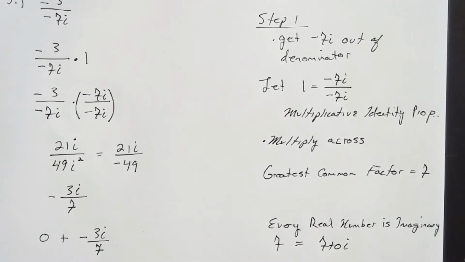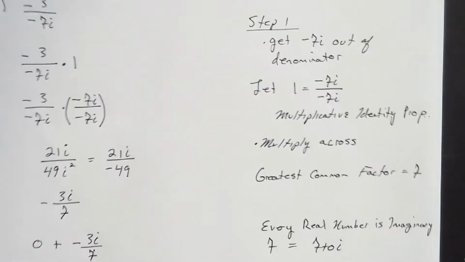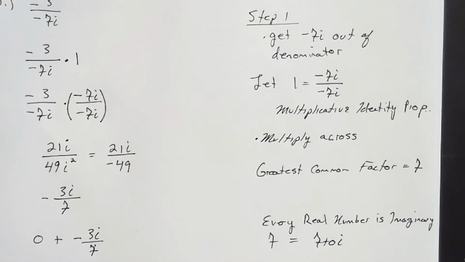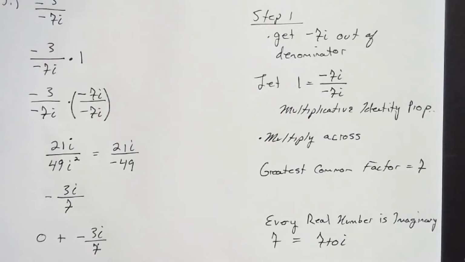Every real number is also imaginary, and every imaginary number also contains a real number component. The real number component happens to be 0.